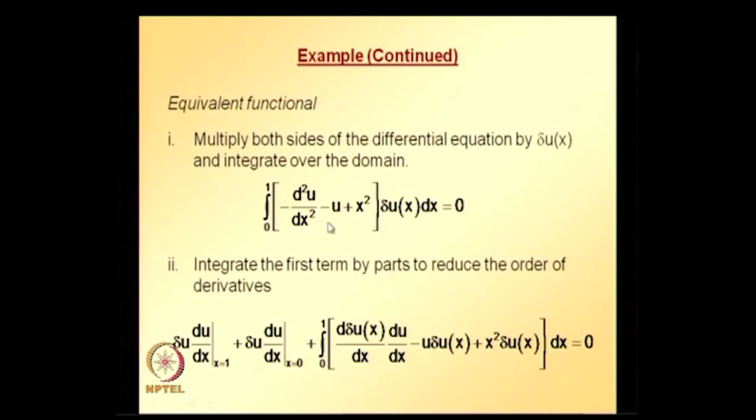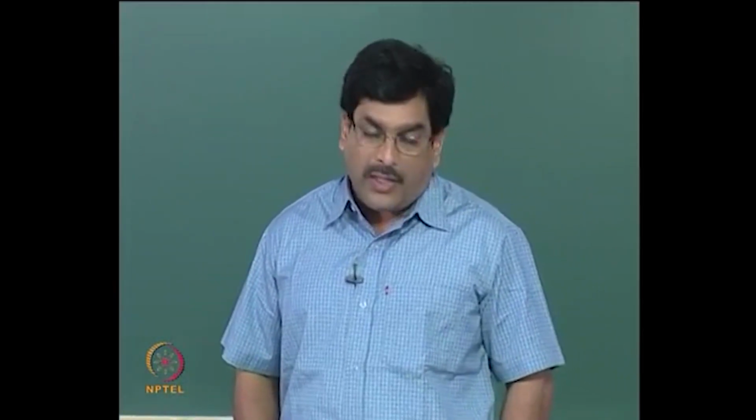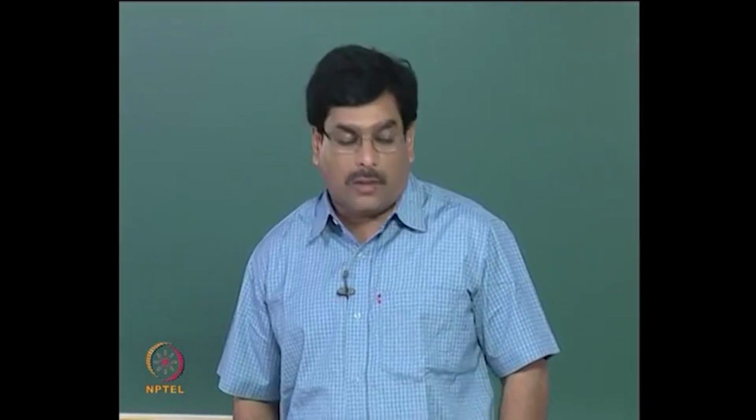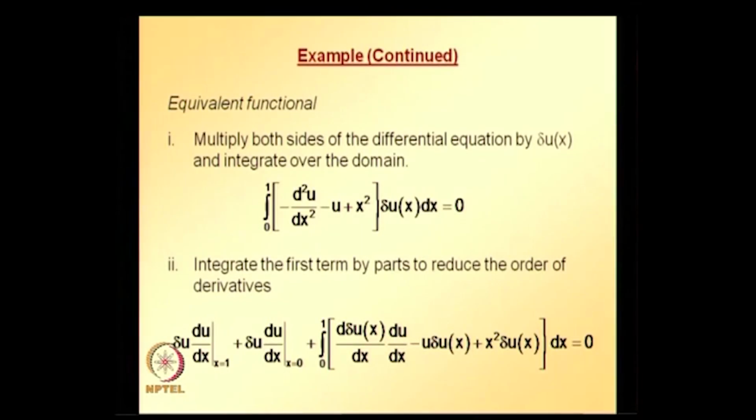You just apply integration by parts to the first term, you get this term plus this term and this term, and these terms are as they are here: u times variation of u is already there, and x square times variation of u is already there. This is how you can reduce the order of differentiation, because that puts less demand on the continuity of the approximate solution, or trial solution, that we are trying to use.